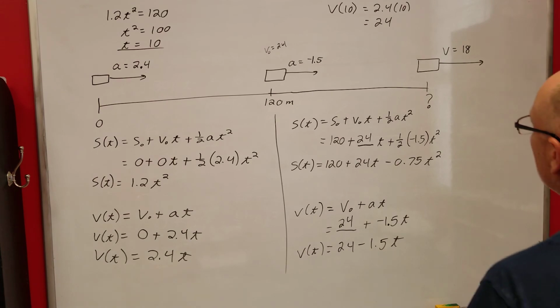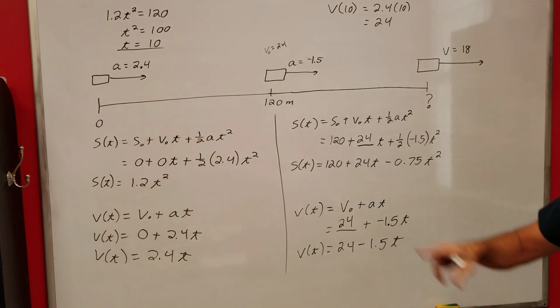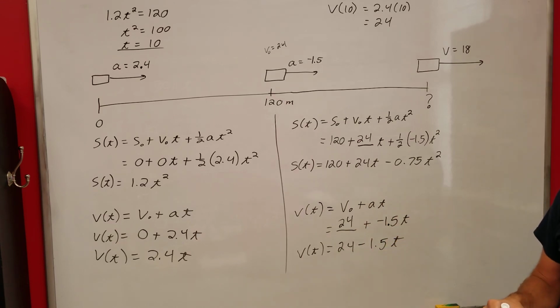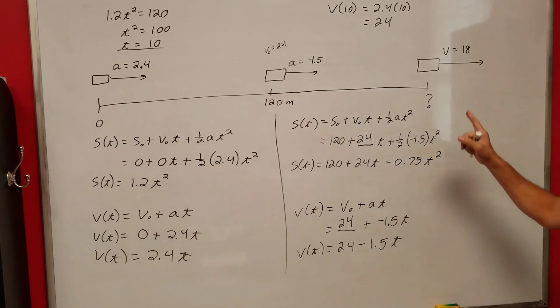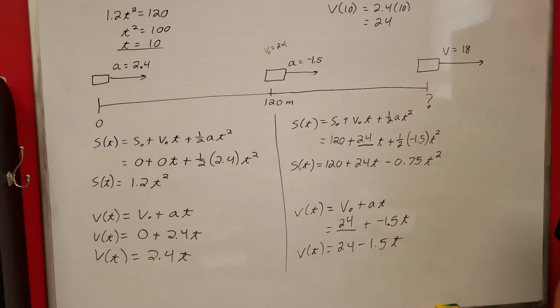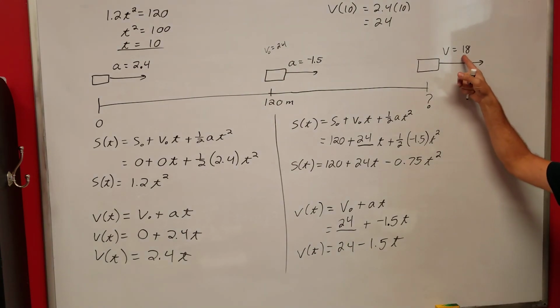All right. Now, I found all that stuff: position function, velocity function, position function, velocity function. What do they want me to find? They want me to find the distance traveled by the motorcycle at that point. So they want this distance right here, right? How could I find that distance right there? Well, what's the velocity right there? 18.